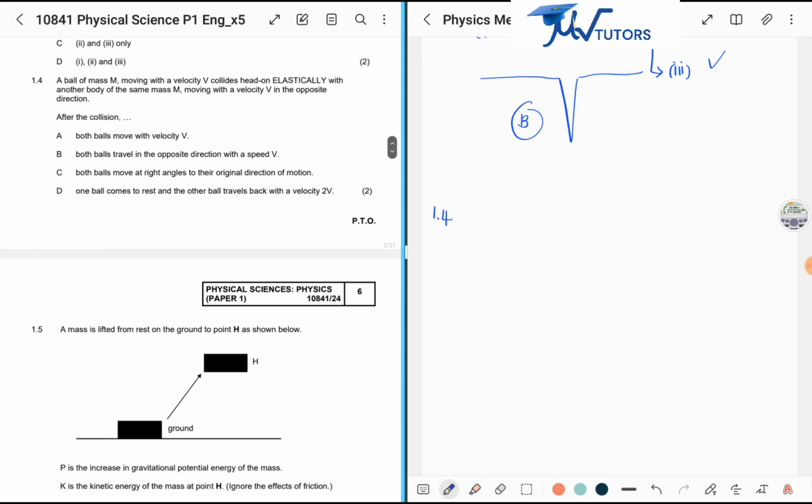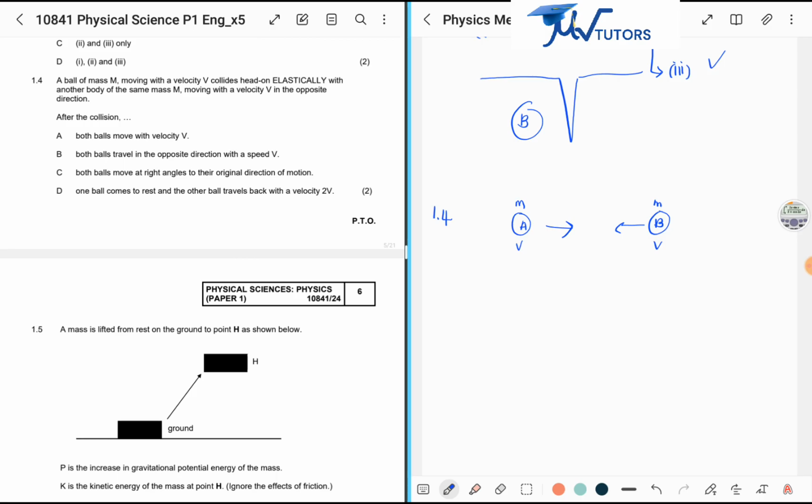A ball of mass m moving with a velocity v collides head-on elastically with another body of the same mass moving with a velocity in the opposite direction. So basically you have that one going in this direction, I'll call it A, and then you have B going in the opposite direction. They both have the same mass, they both have the same velocity, just in opposite directions.